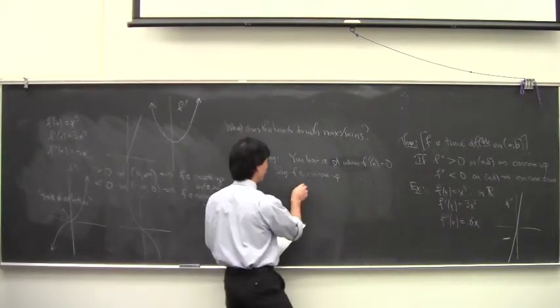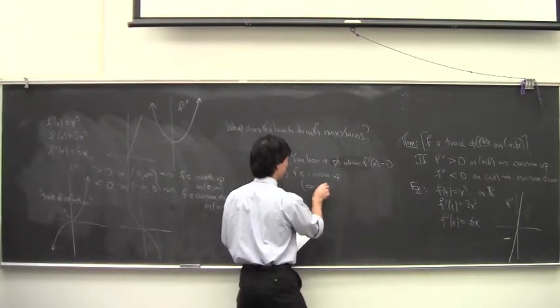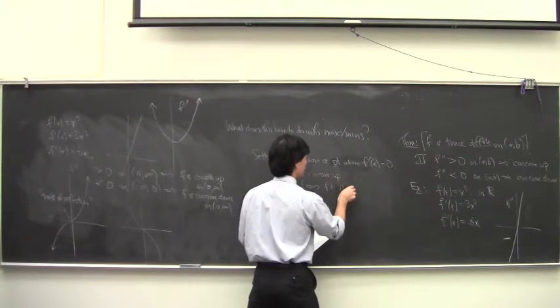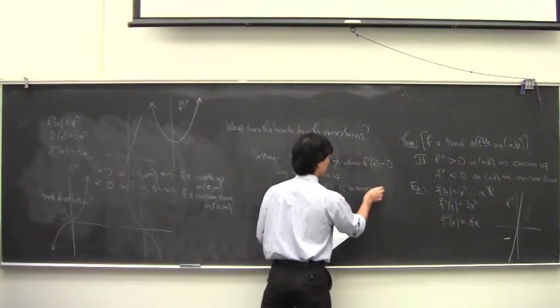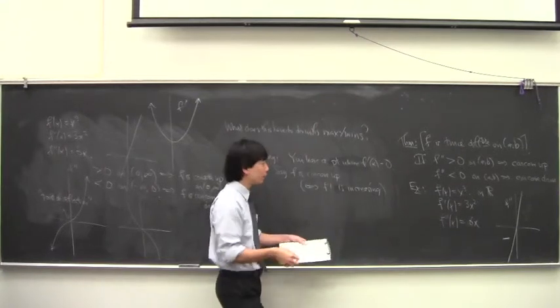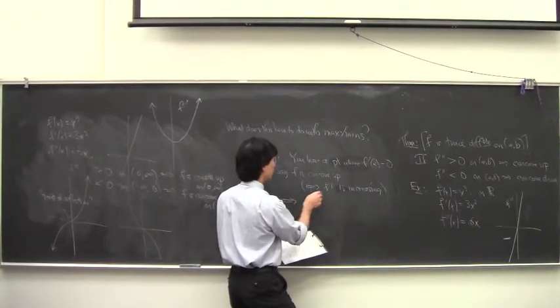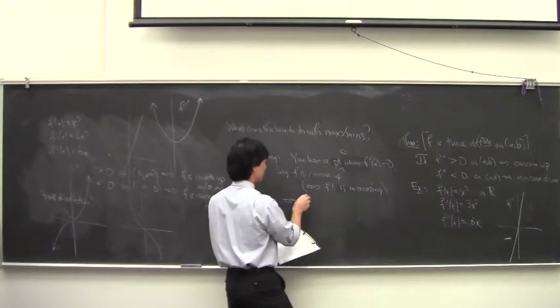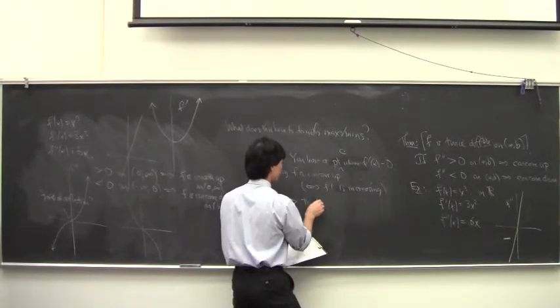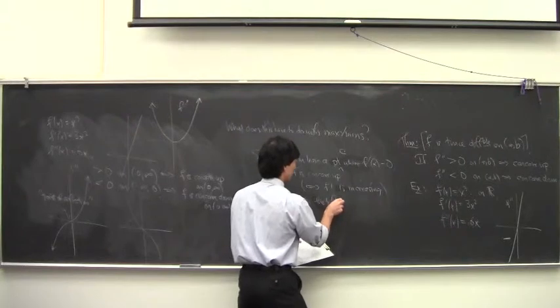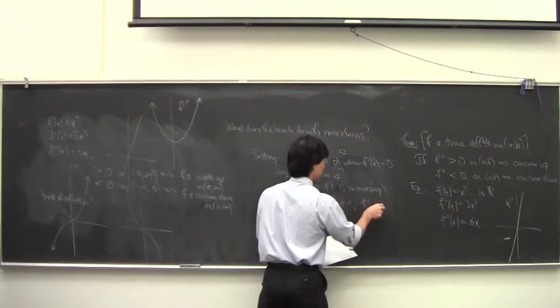If it's concave up, that means the same thing as saying that f prime is increasing. Well, if f prime is increasing, let's call this point C. To the left of C, f prime is negative.